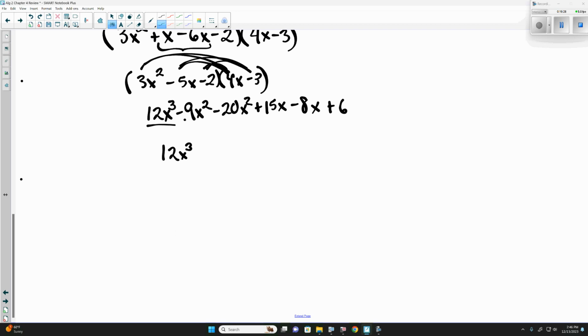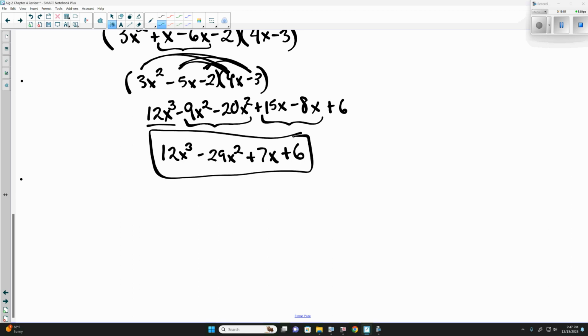Funny enough how this one worked out, all of our like terms that we do have are next to each other, already by each other. Negative 9x squared minus 20x squared is negative 29x squared. 15x minus 8x is plus 7x. And our 6 does not have any like terms, so it's just plus 6.